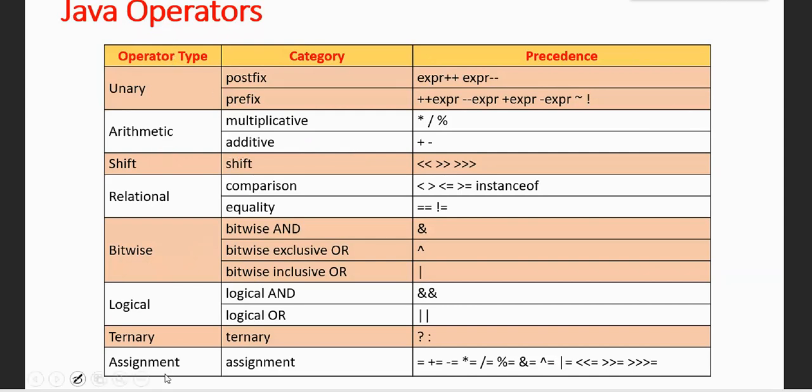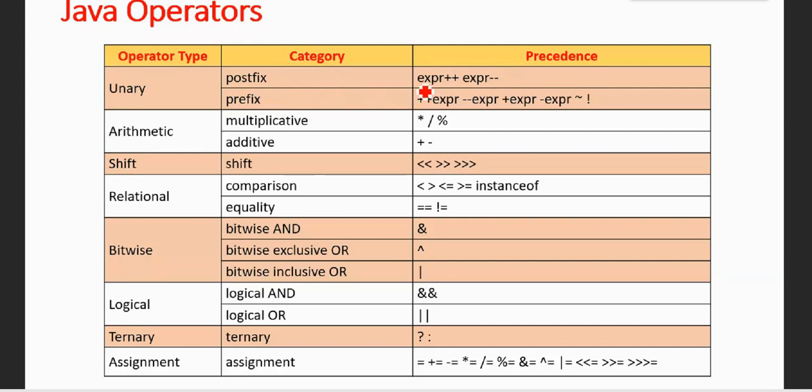So we have the operator types: unary, arithmetic, relational, bitwise, logical, or assignment. Like that, we have different categories of operators. So when it comes to unary operators, we have two types: one is postfix, another one is prefix. When I take plus plus, minus minus, it can be postfix as well as prefix.